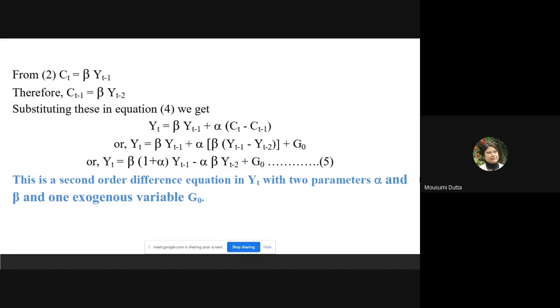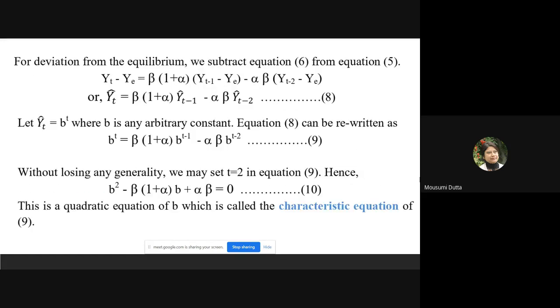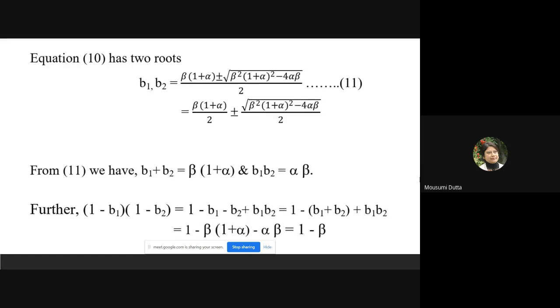Here, the highest order of the concerned variable is yt minus 2, the second order lag. So I have to consider the absolute value related to yt minus 2, which is alpha into beta, and we need to consider the square root of that.